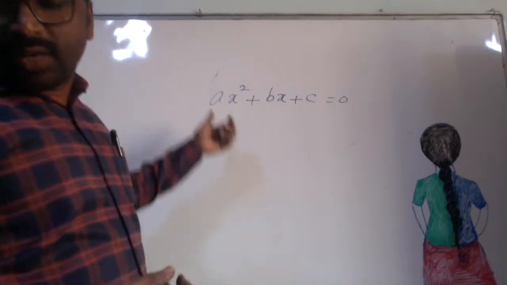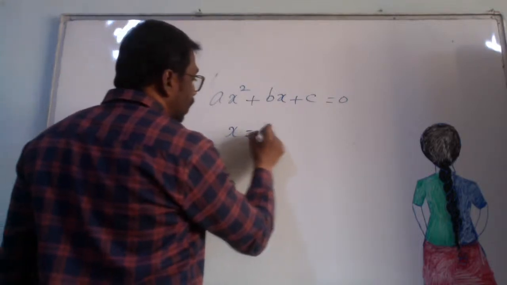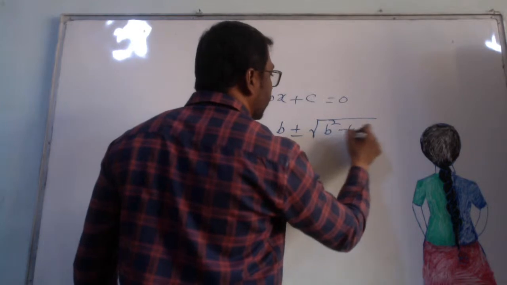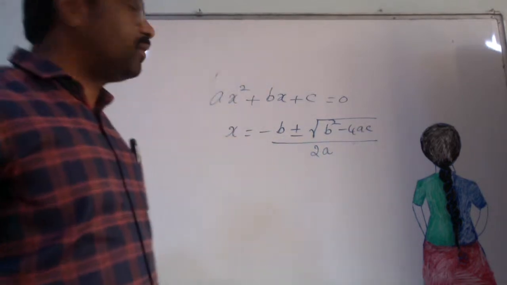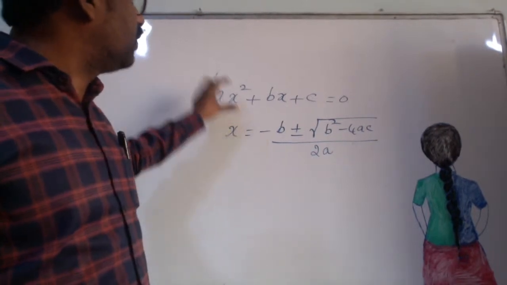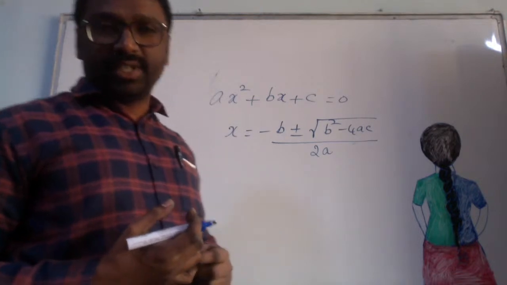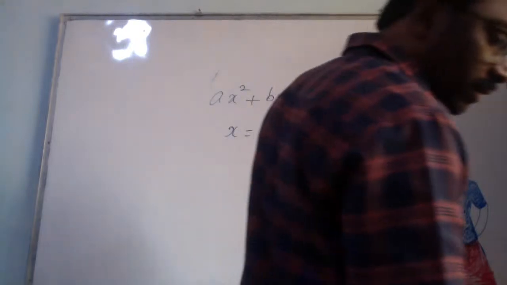So this quadratic formula method: x equal to minus b plus or minus root of b square minus 4ac, by 2a. This is one of the formulas to find the solution of the quadratic equation in x. Okay.